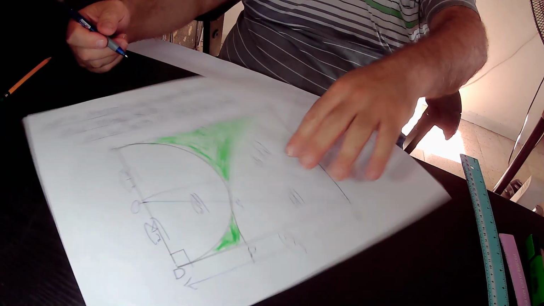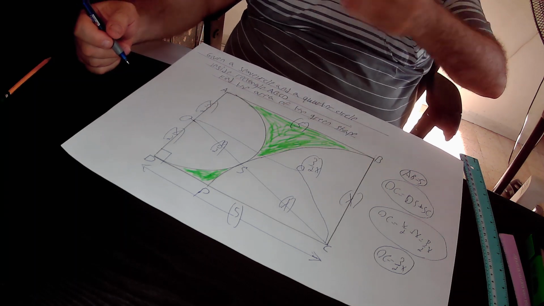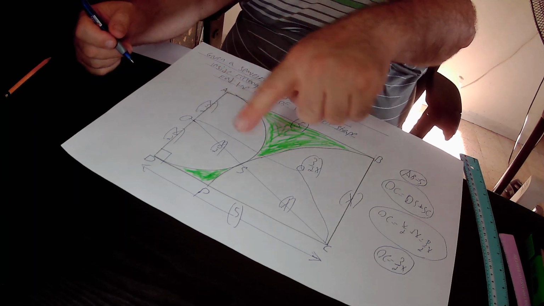In the next step, I'll copy the right triangle ODC onto a new page and we implement the Pythagoras theorem on this right triangle ODC.